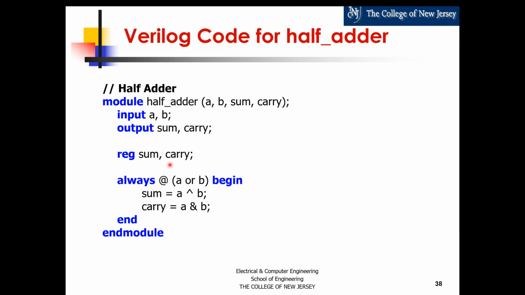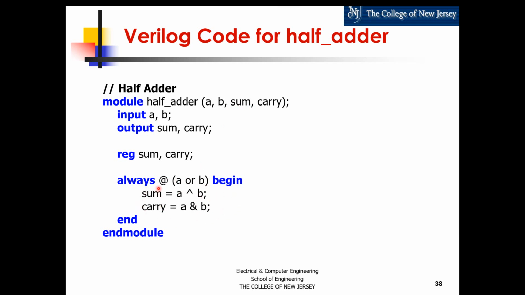Right. So here we are recasting the outputs, sum and carry, as reg. And I want to take you back to what we were discussing about the distinctions between nets and regs as data types. The ports of a module are nets. However, this is a procedural block.